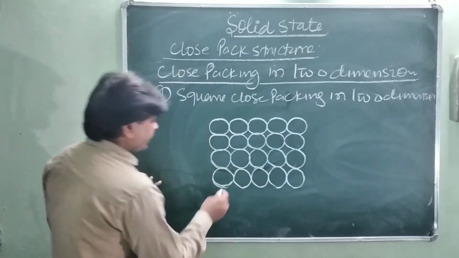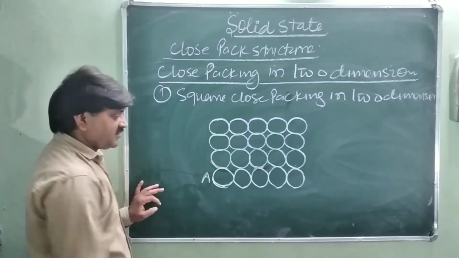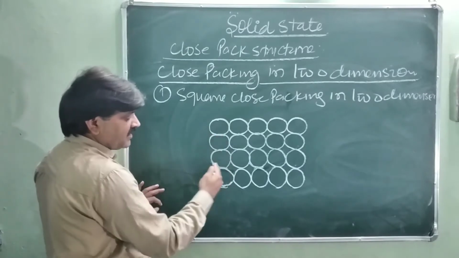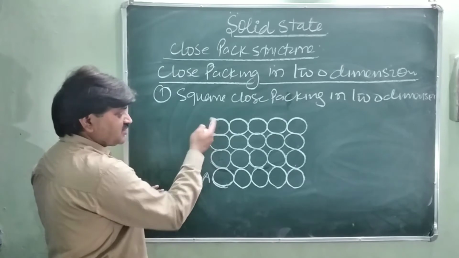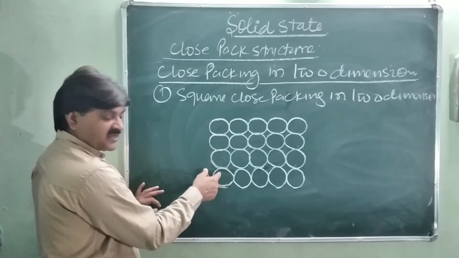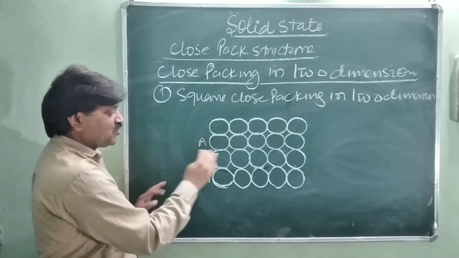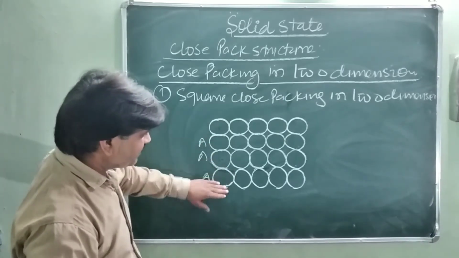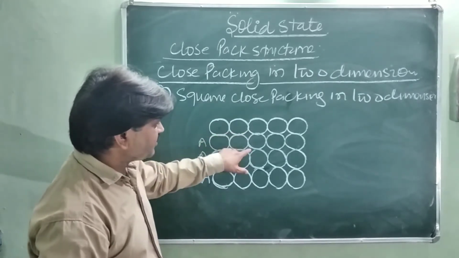Just like atom A is here, in the same manner the atom is placed over. Their alignment vertically and horizontally is the same, one covered with the other. So this is A, and in the same manner it is also A, also A. There is no difference between one atom and the other, and you will see the maximum gap is found in this case.